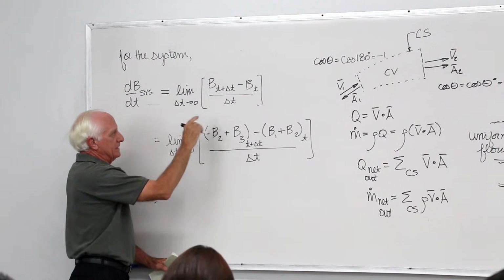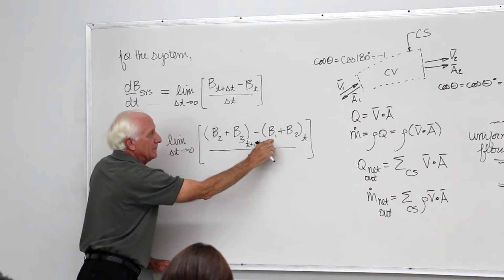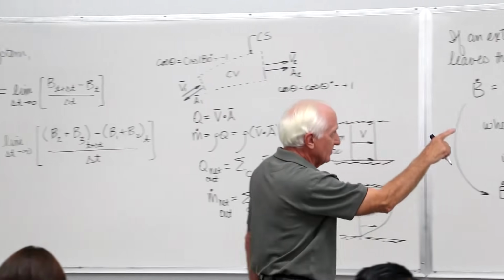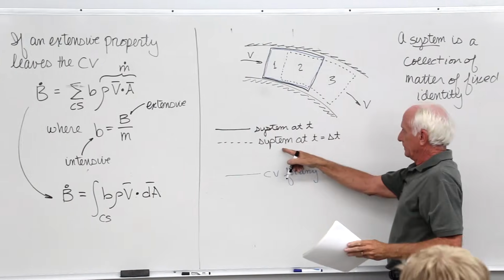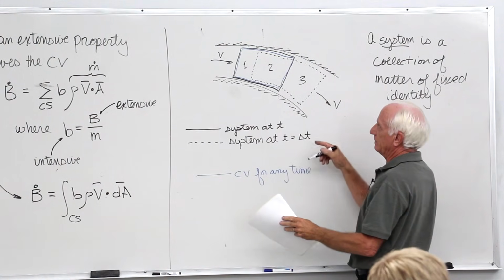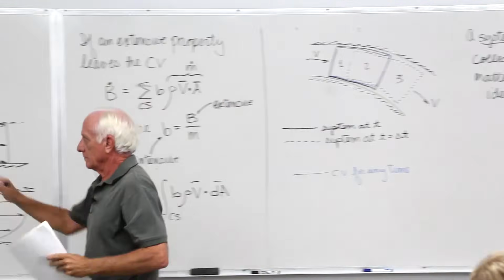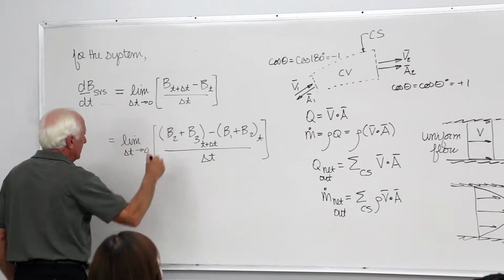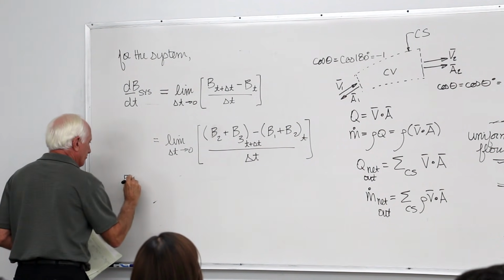The amount of B at time t was B1 plus B2. The system at time t plus delta t, the dashed lines, is regions 2 plus 3. Keep going, rearrange.